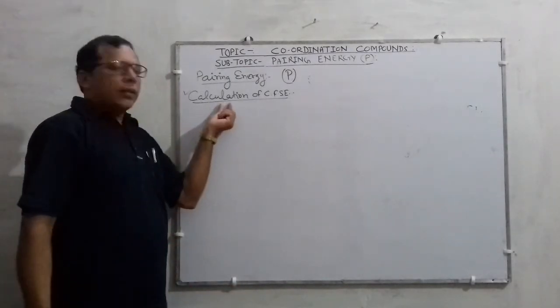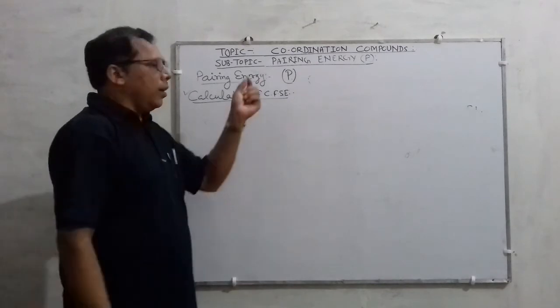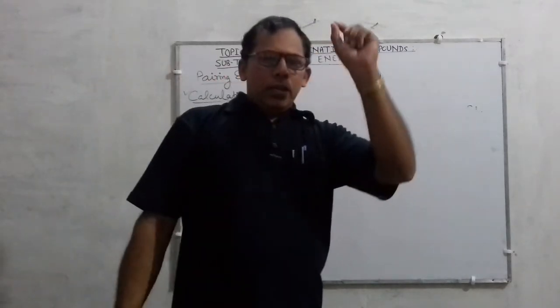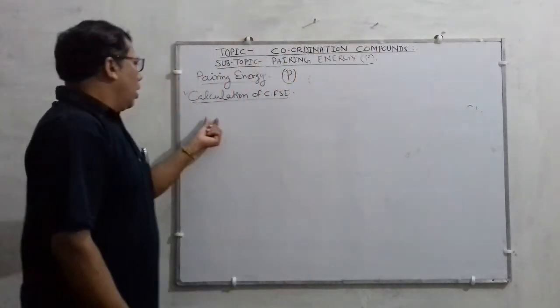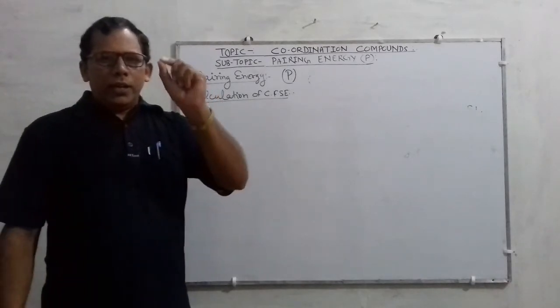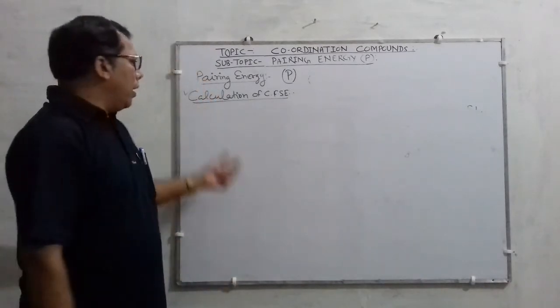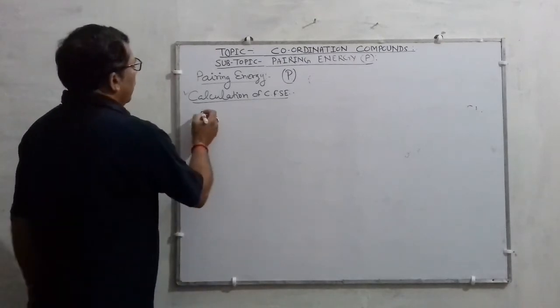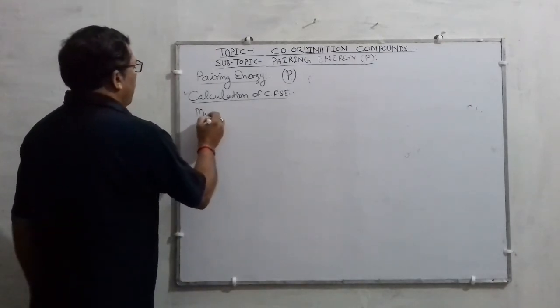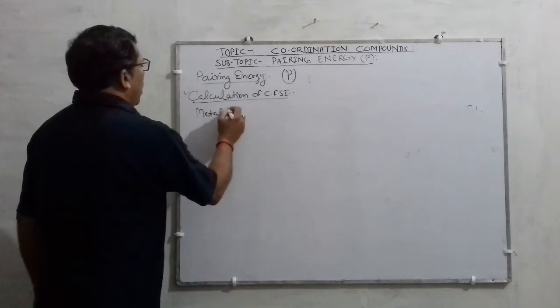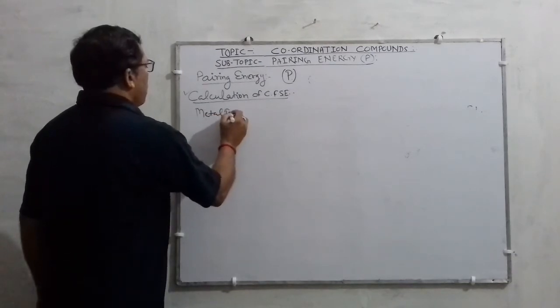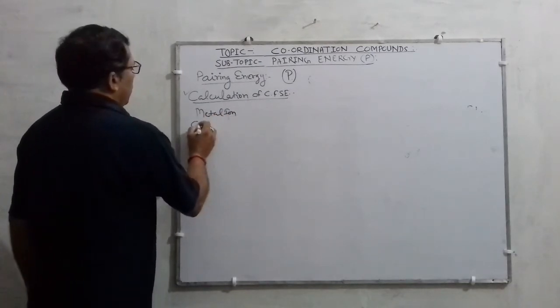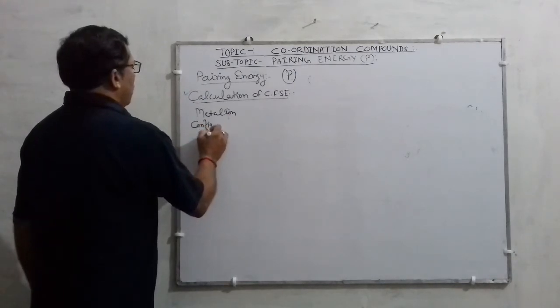Listen, for the calculation of CFSE of a complex compound in an octahedral field, a table can be constructed, and this table contains the following columns. In the first column write metal ion configuration.